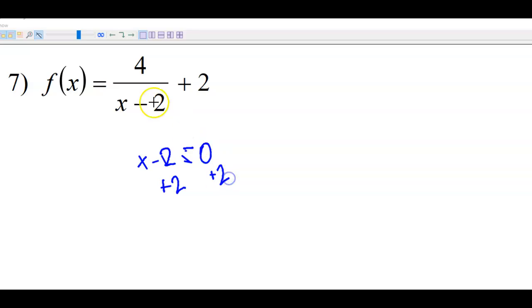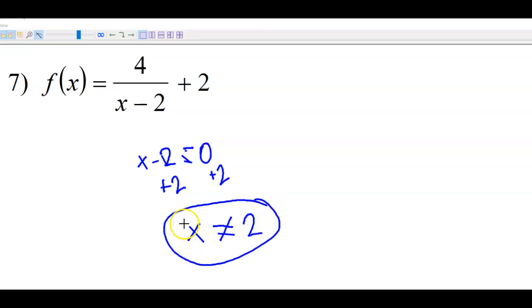You guys are pretty used to that by now, so you probably don't really need to write all of this out. But again, remember here, we have to say what x cannot be. If it's just one value, we usually just say it cannot be that value, even though we really mean it can be any value except for that value.